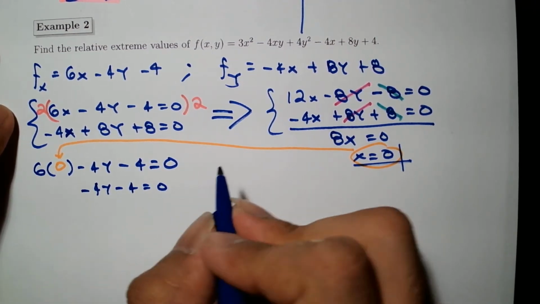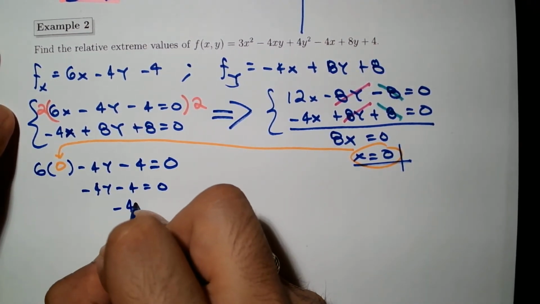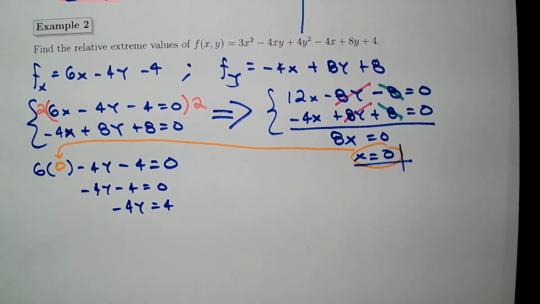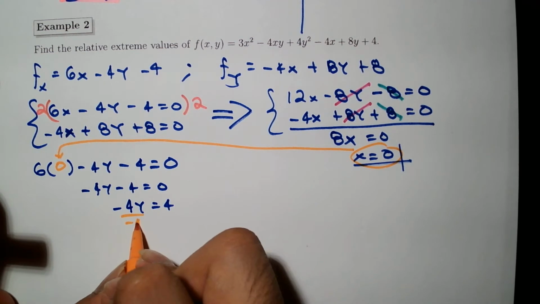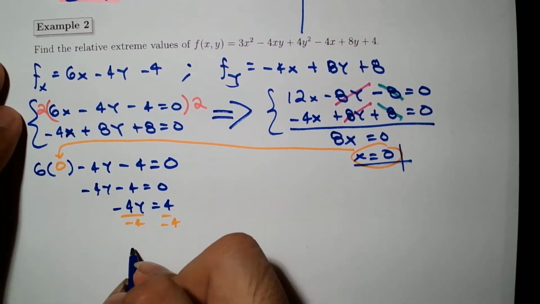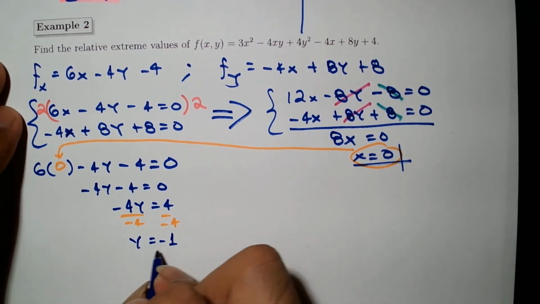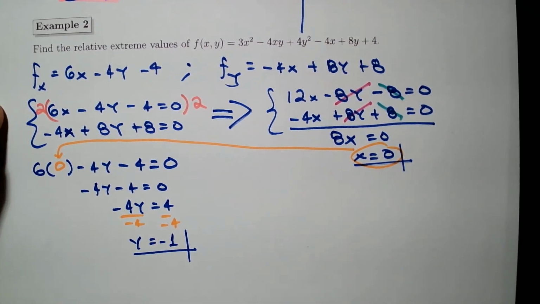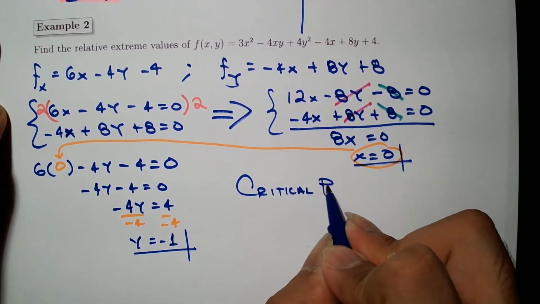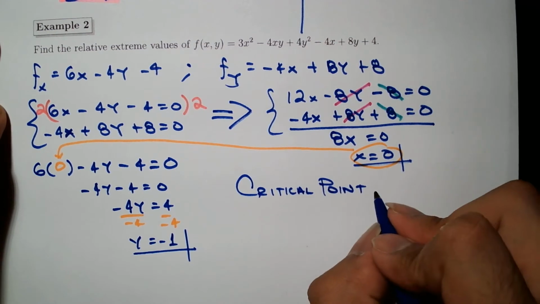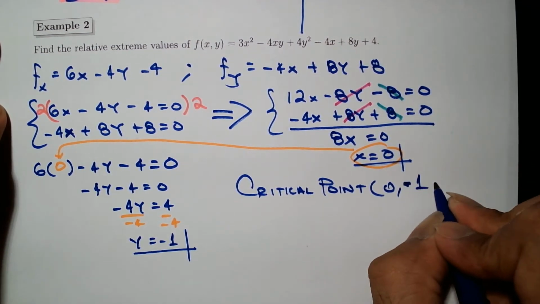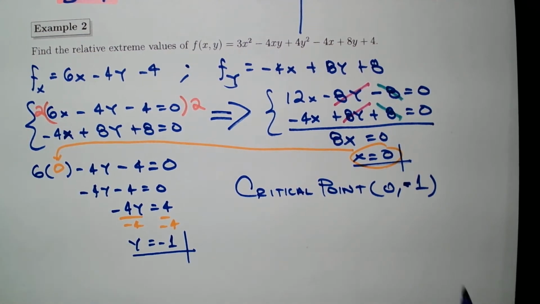Moving the negative 4 to the right-hand side, we get negative 4y equals 4, and dividing both sides by negative 4, we get y equals negative 1. So our critical point is x equals 0, y equals negative 1, which we need to test.